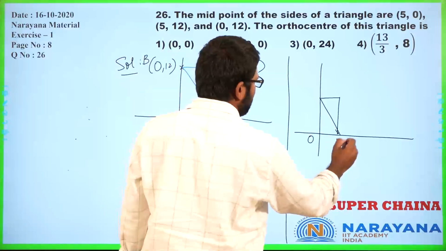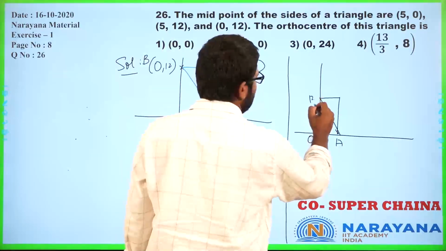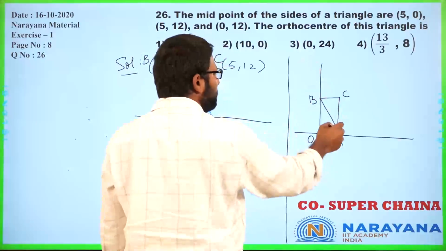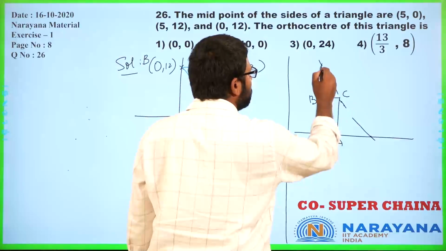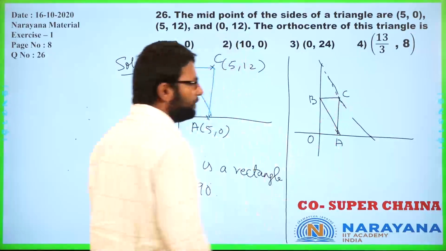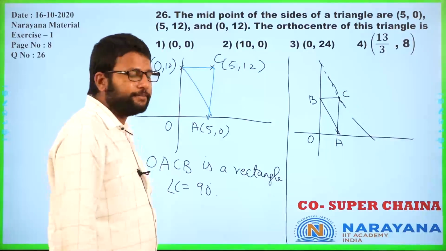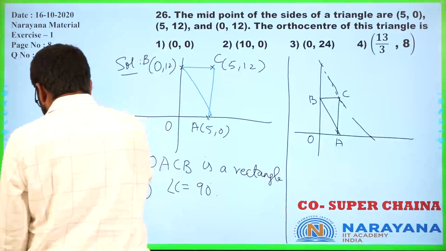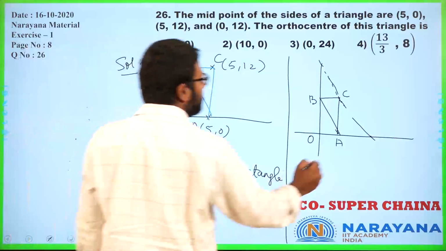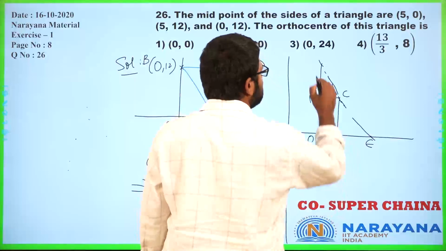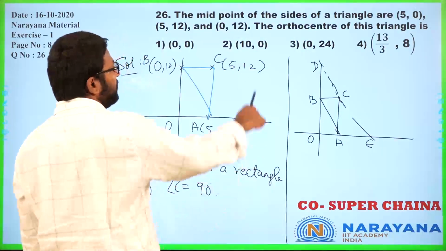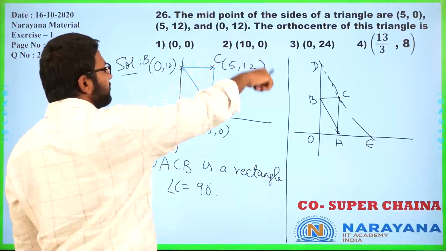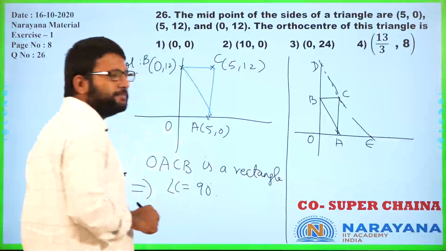Let us call this OA, BC. Through C, draw a line parallel to AB, right? Because we know that the line joining the midpoints is always parallel to the third side. Label those other points D, E, alright? So now we need to find the orthocenter of triangle OED.